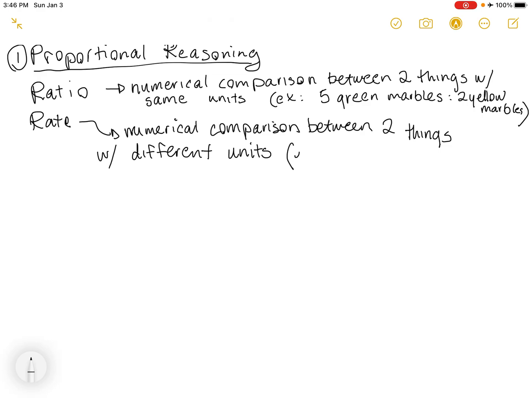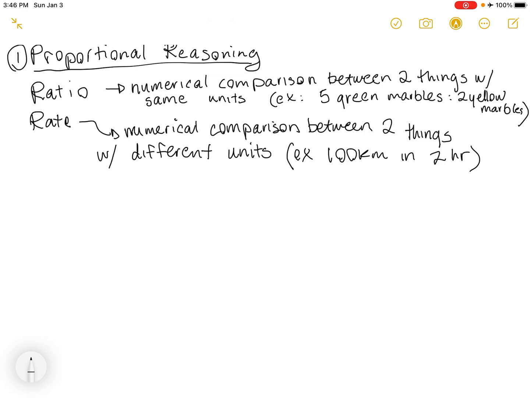So for example, let's say you go 100 kilometers in 2 hours. Okay, well, the two different units there are 100 kilometers, so distance, kilometers would be distance, and 2 hours, hours is time. Okay, so the two units are distance and time. Now this is a rate, 100 kilometers to 2 hours.